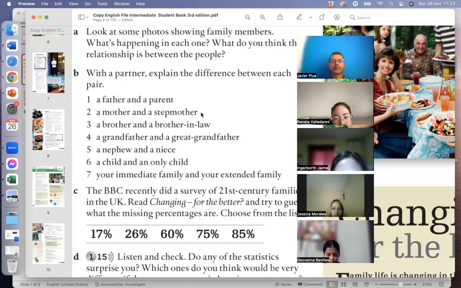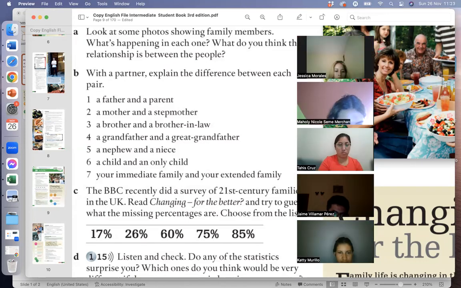Jessica? Jaime, number 2. A mother and a stepmother.